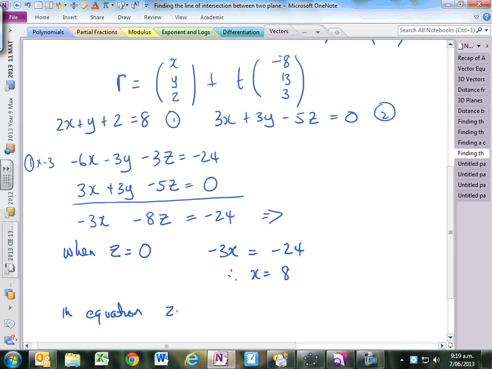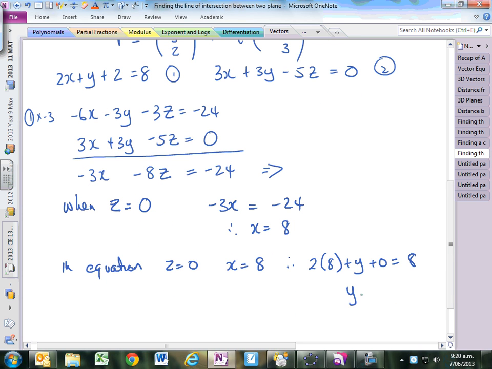We've got z is equal to 0, x is equal to 8, and so therefore we've got 2 times 8 plus y plus 0 is going to equal 8. And so y is going to equal minus 8.